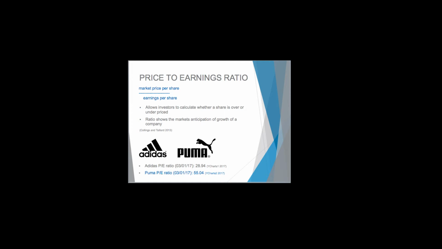So, Ben, does that mean the higher the number, the more growth is expected for the company? Exactly, Paddy. For example, according to Nasdaq on the 3rd of January 2017, Adidas's PE ratio was 28.94, whereas Puma's was 55.04. These figures show that the market expects Puma to have higher levels of growth in the future compared to Adidas.